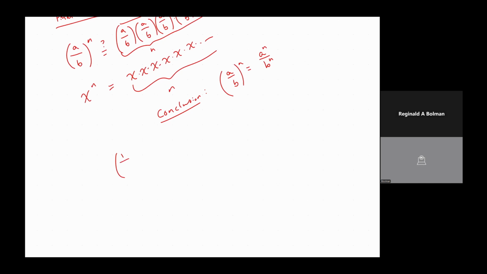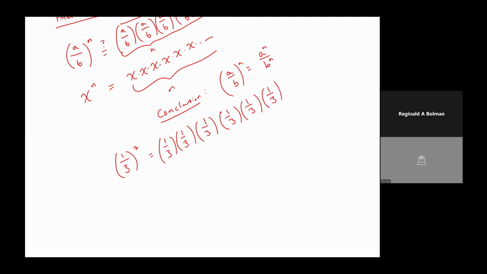Suppose you have 1/3 raised to the 7th power. Of course, you could expand out this expression. You'd have 1/3 times 1/3 times 1/3 times 1/3 times 1/3, 7 times.